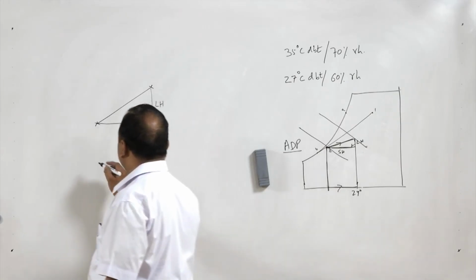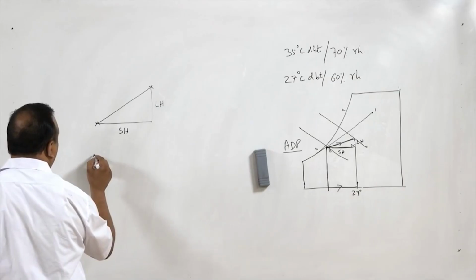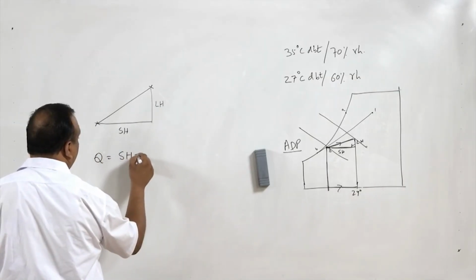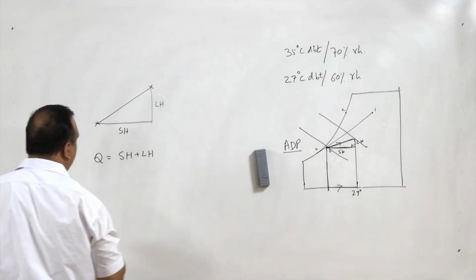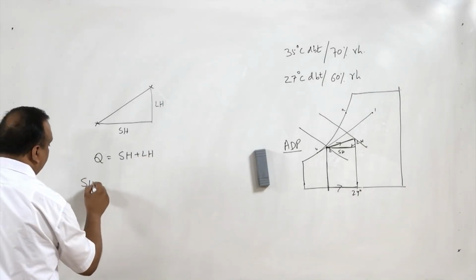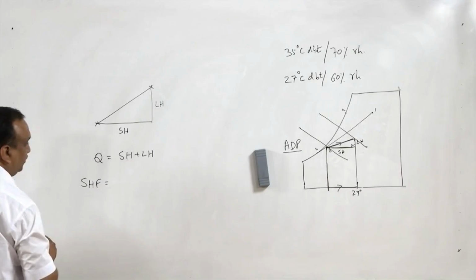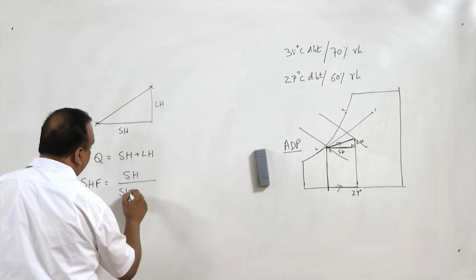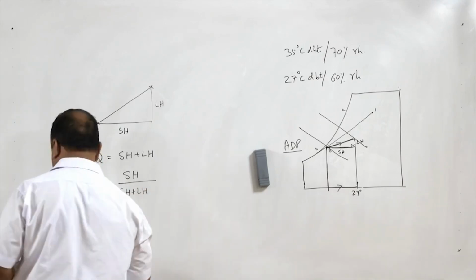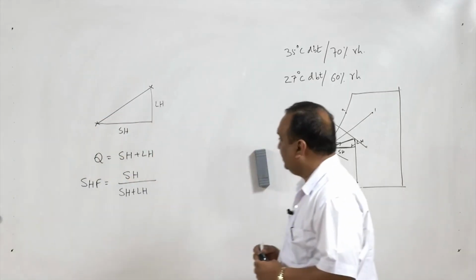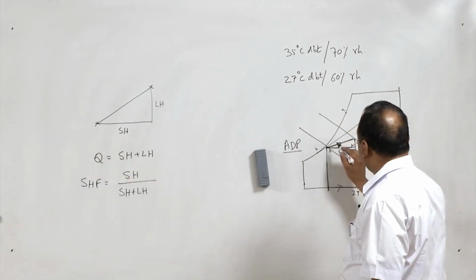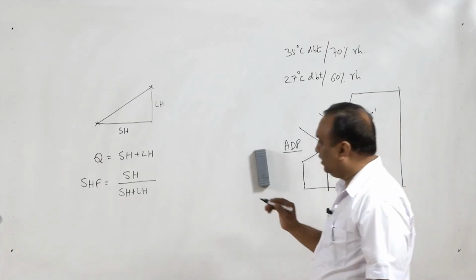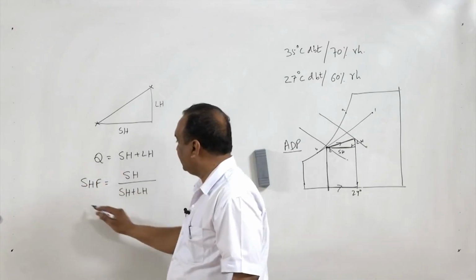The total heat Q is equal to sensible heat plus latent heat, and sensible heat factor is equal to sensible heat divided by sensible heat plus latent heat, right?